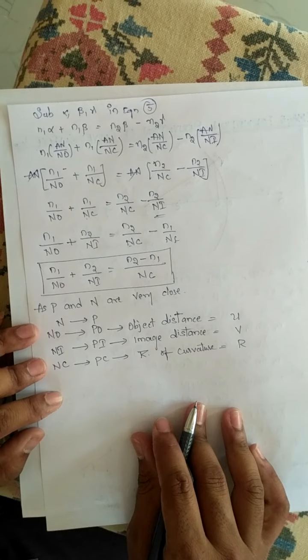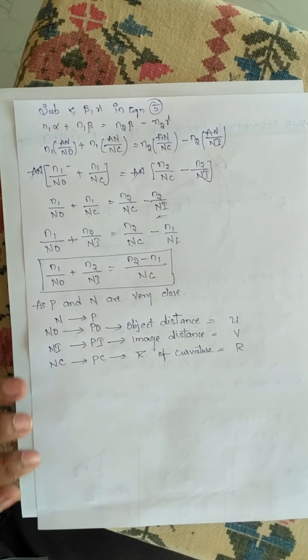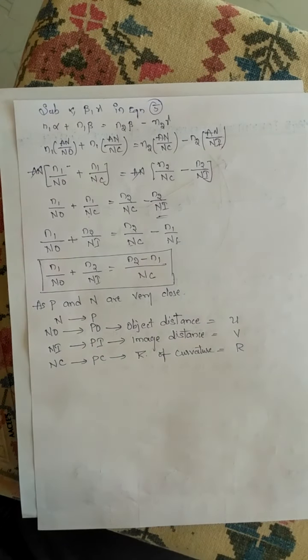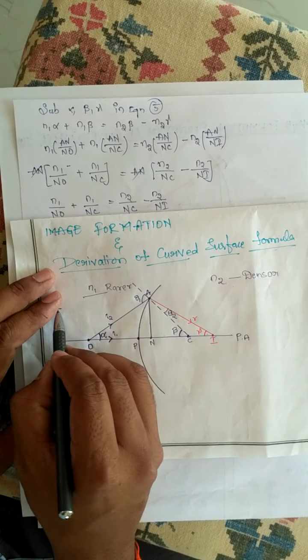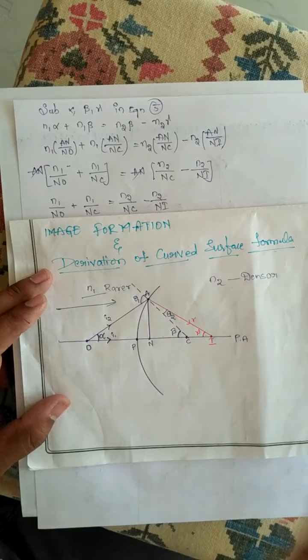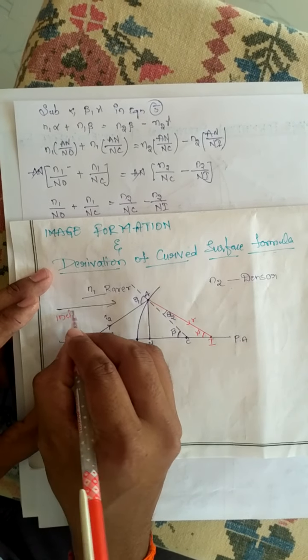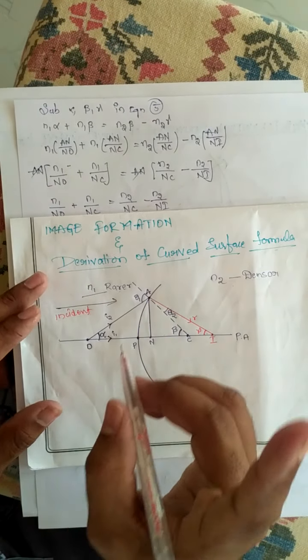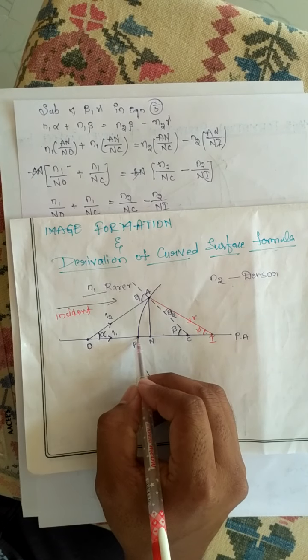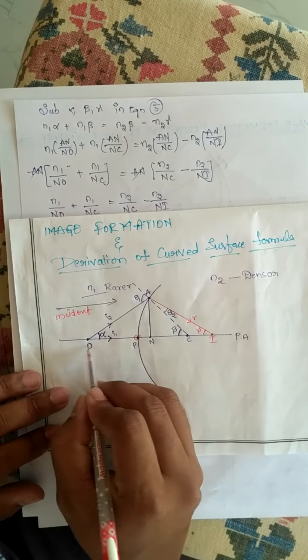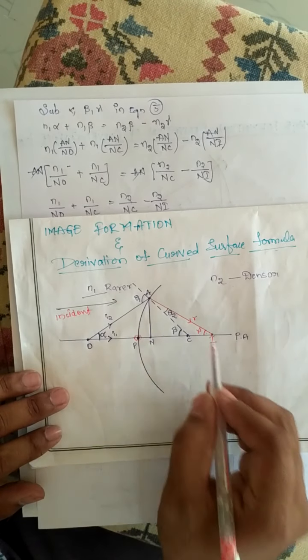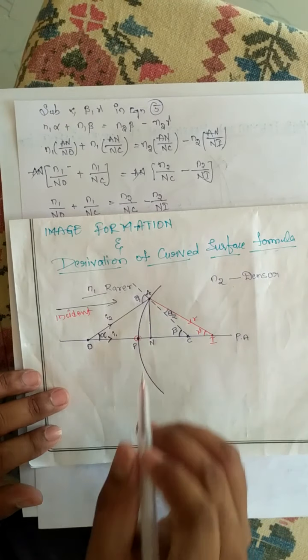So what do the sign conventions represent here? As the incident light is in this direction, the first sign convention is that all the distances should be measured only from the pole. So PO, PC, PI, all the distances must be measured only from the pole.